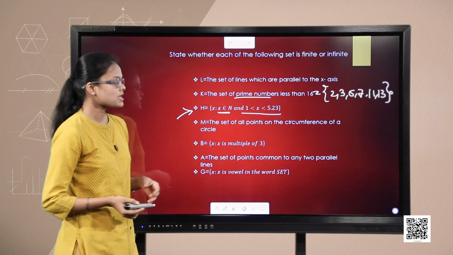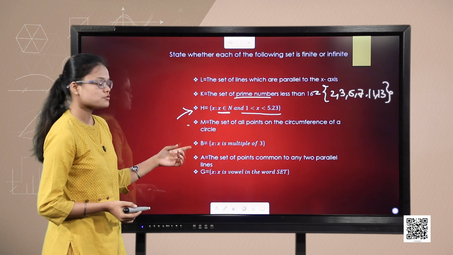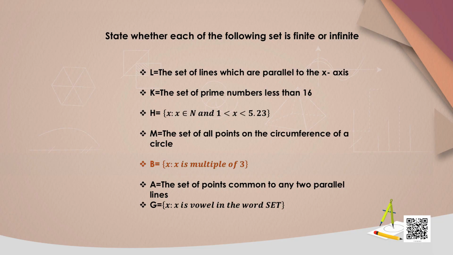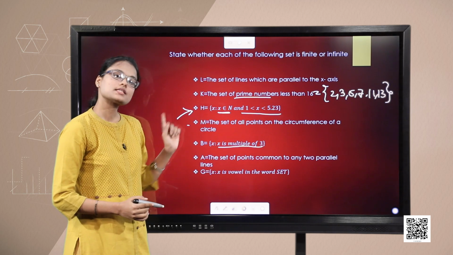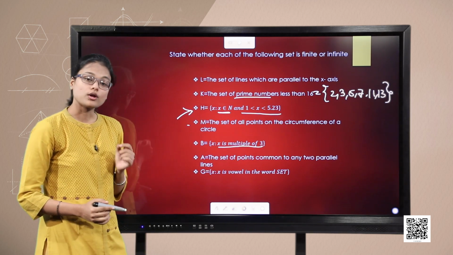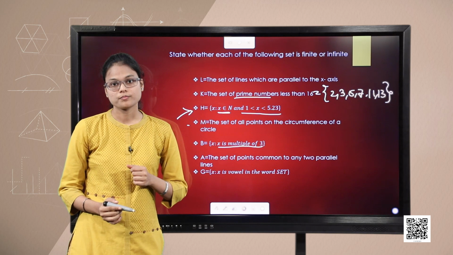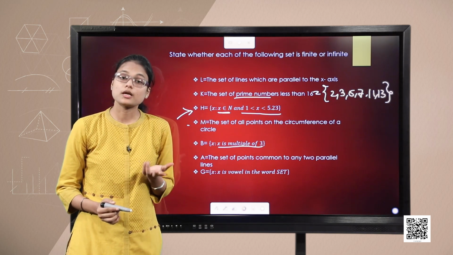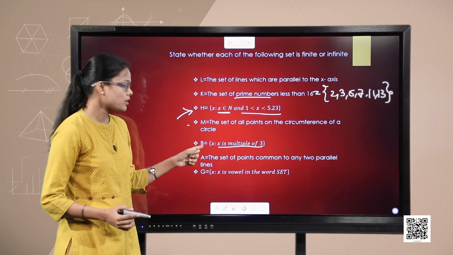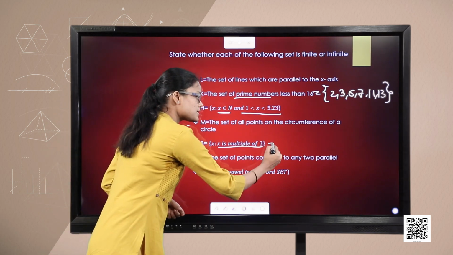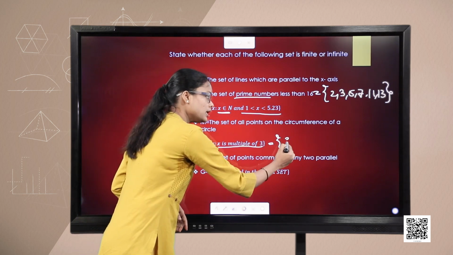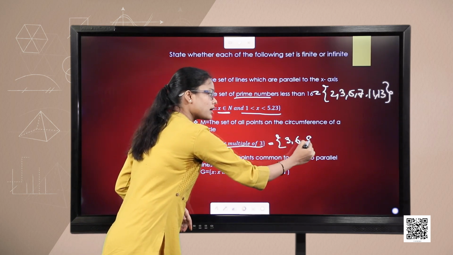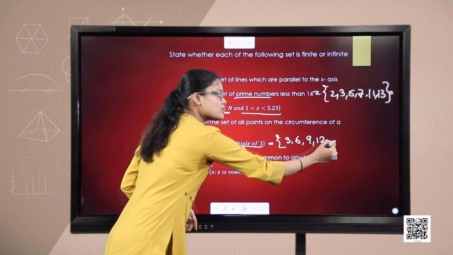So, set M becomes an infinite set. Set B consists of all those numbers which are multiples of 3. Yes, you may correlate it with the previous example, the set of all even natural numbers. They are infinite, they were multiples of 2. Similarly, this set represents all multiples of 3, which are 3, 6, 9, 12 and so on.